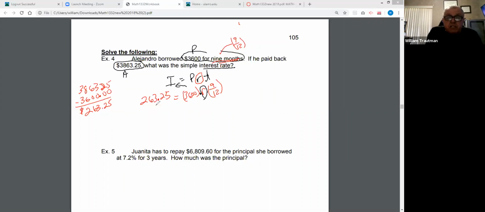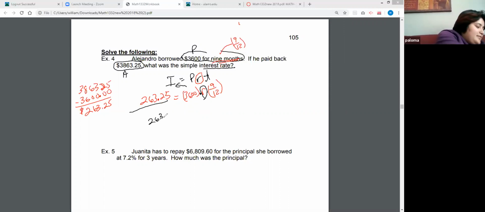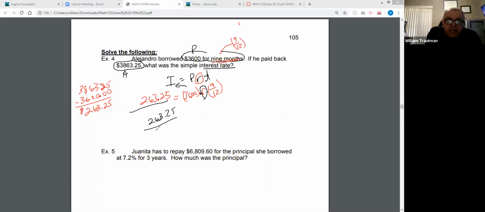So we divide this side by 3,600, and those cancel. 263.25 divided by 3,600. Now, I also have to take the 9/12 to the other side, so we have to divide it by 9/12 also. Now we just have the R by itself on the right-hand side.